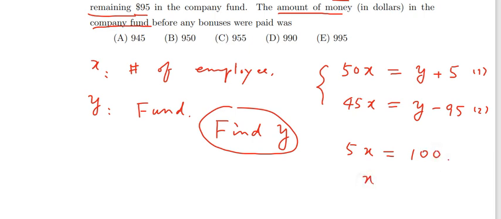So x equals 20. Okay, so then we can find y. y equals 50 multiplied by 20, which is 1000, so y equals 995.